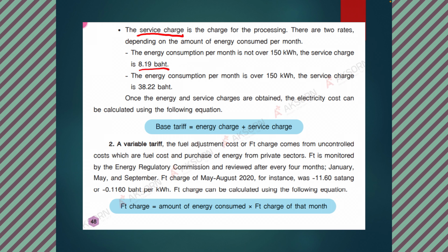And if the energy consumption per month is over 150 kilowatt hour, the service charge is 38.22 baht. So once the energy and the service charges are obtained, the electricity costs can be calculated using the following equation. So first is what we call the base tariff, which is composed of two things: the energy charge and the service charge. Did you understand?